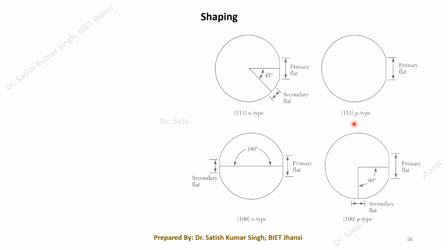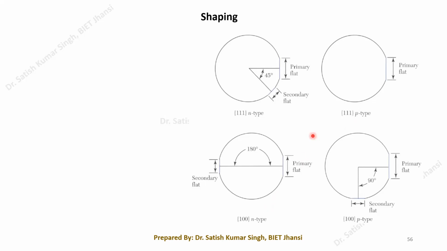And one more thing I have already explained is that we need a certain orientation of our wafers, the crystal planes. While discussing crystal planes and Miller indices, I explained that the 111 crystal orientation and 100 are the more prominent ones.